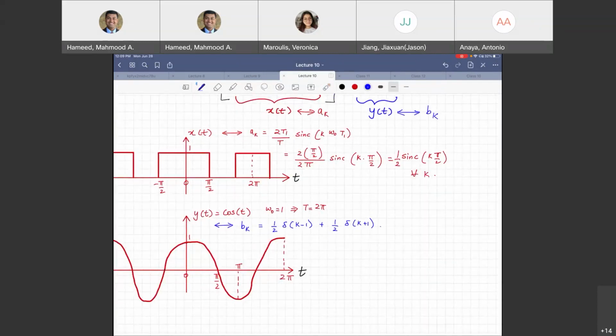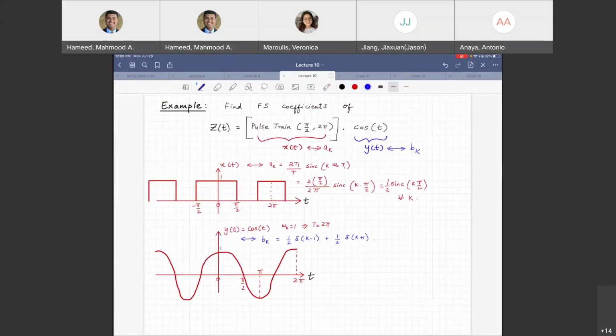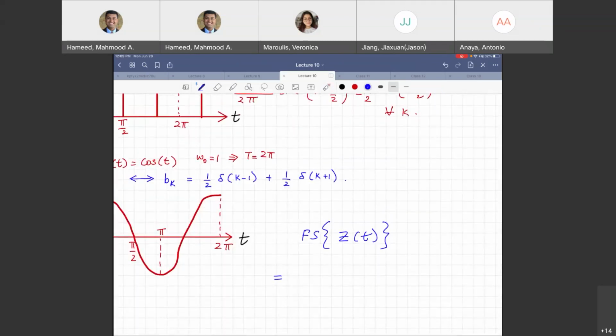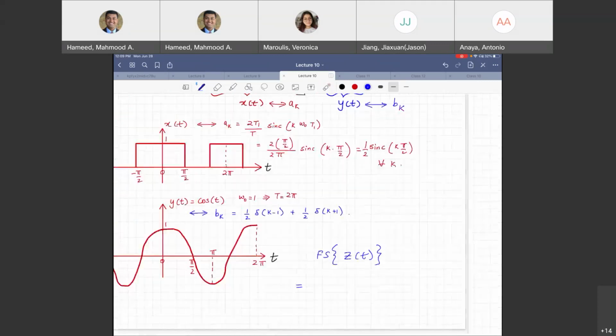I can't. All right. So let's try to write the Fourier series coefficients of z of t. What is that? The Fourier series of z of t equals, I hate these brackets. I need to convolve a sinc with an impulse and another impulse. Good. That's it, right? So I got half there, half there.